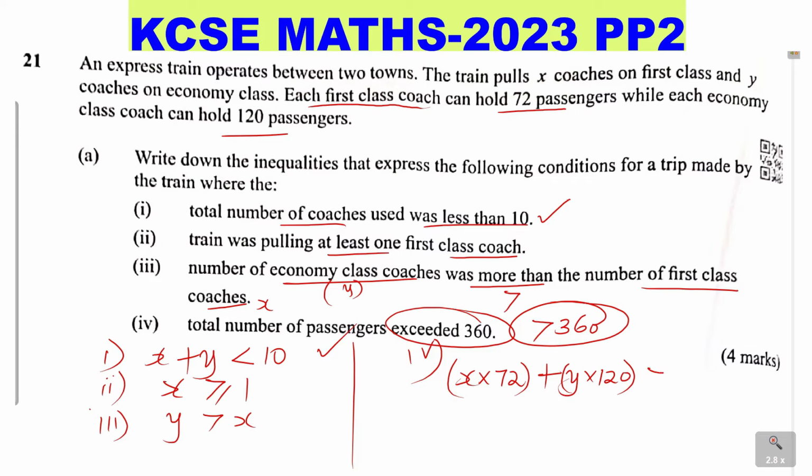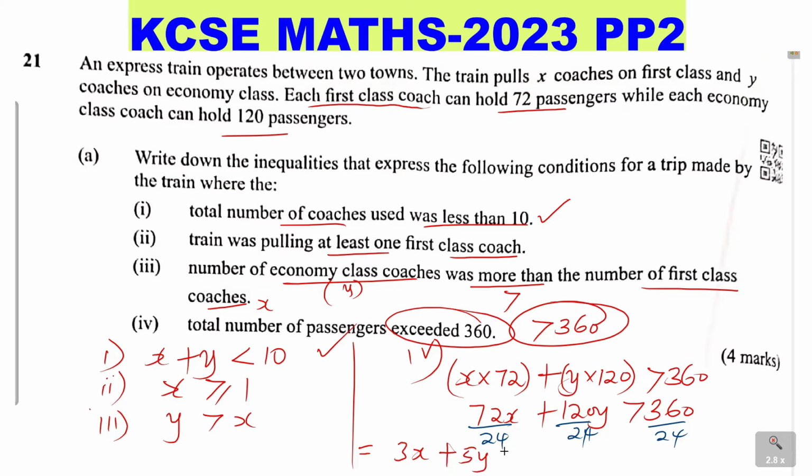So we get 72X plus 120Y greater than 360. You can simplify by dividing everything by 24, since all the terms are divisible by 24. You'll get 3X plus 5Y greater than 15.